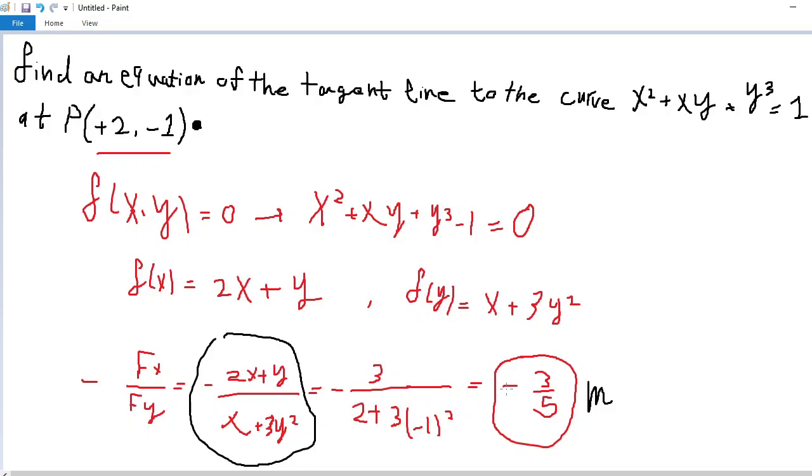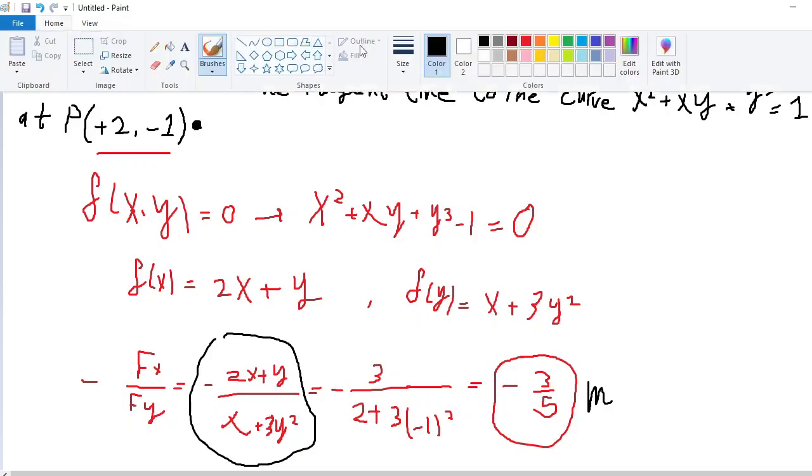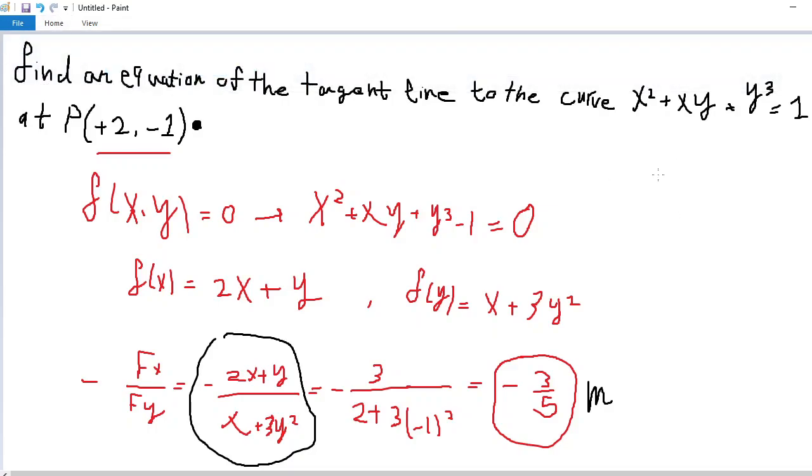We all know it: y minus y0 is equal to m times (x minus x0).